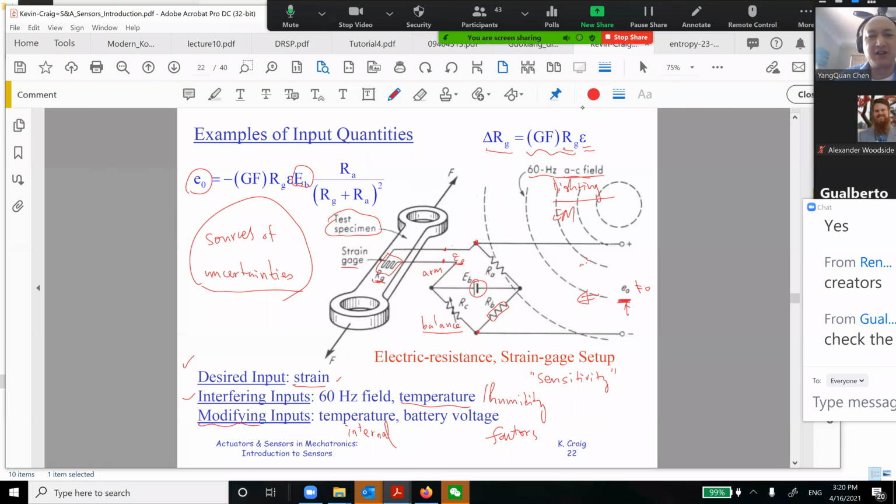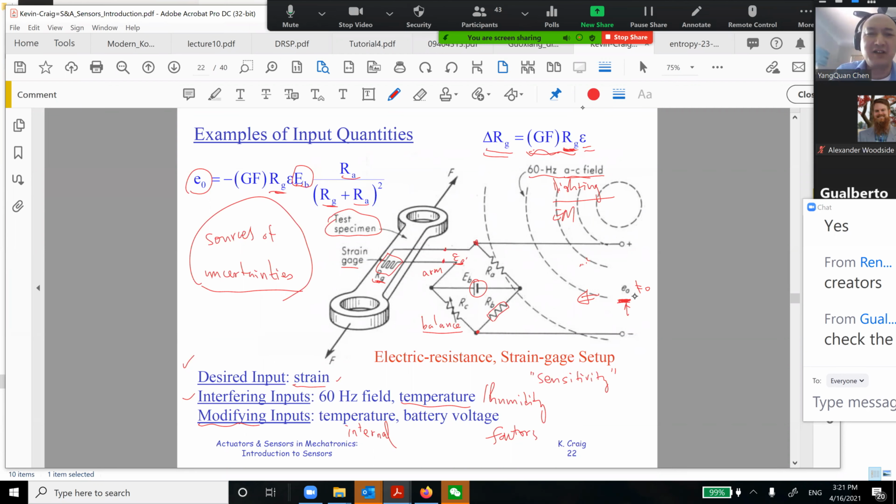This is a coefficient, GF, okay? So delta RG, okay, is this value. We put in here, okay? Then this is RC, this is the original RG, RA, this is also RG.